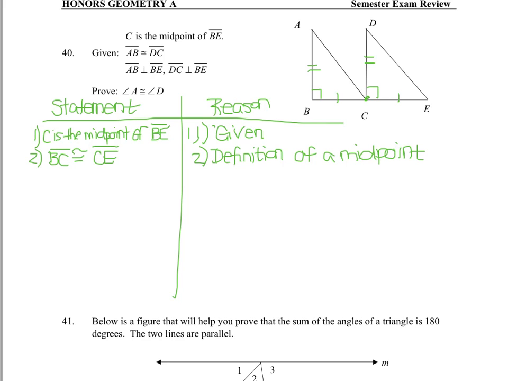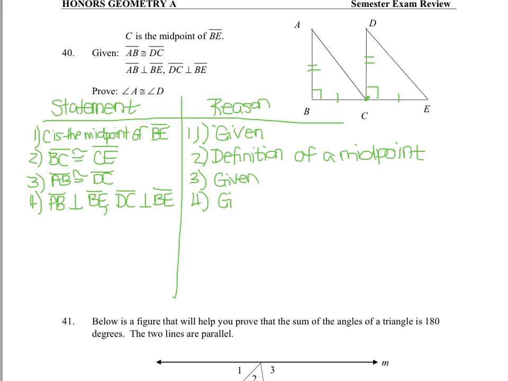All right, my next thing I'm going to use is AB is congruent to DC, and that's, again, just a given. And then I have line segment AB is perpendicular to BE, and DC is perpendicular to BE. So this is a given, but we have to work with what that means. So the first thing is, that means that angle ABC and angle DCE are right angles.